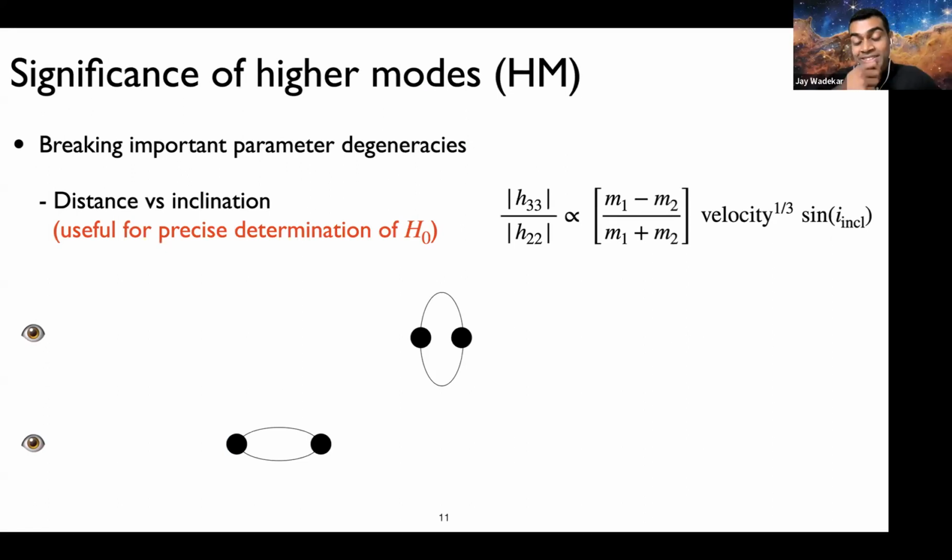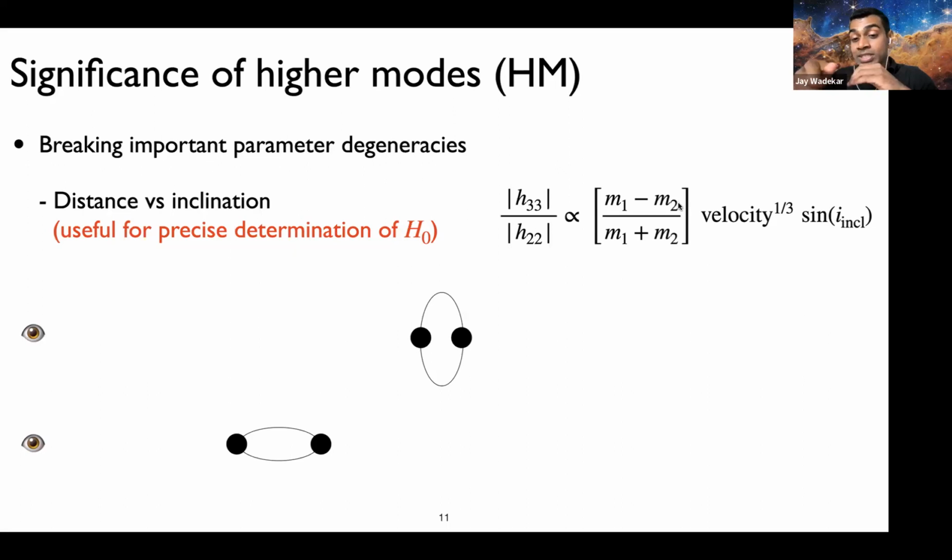Okay, so this is a very good point. For higher modes, as you can see from even this formula, if you have the mass ratio of the objects nearly equal, you don't get these higher modes which are strong. So in binary neutron stars, when you have objects with similar mass, they don't excite these higher modes.